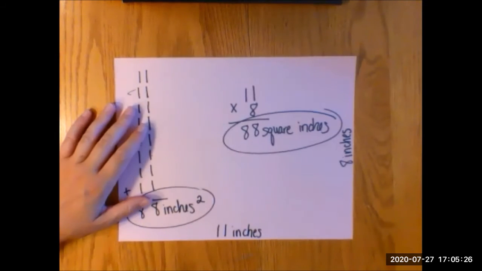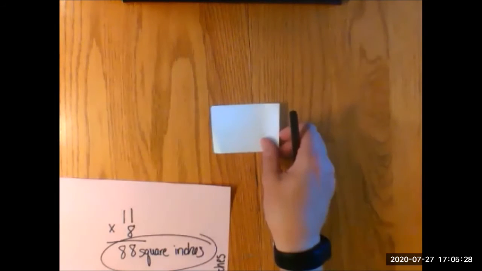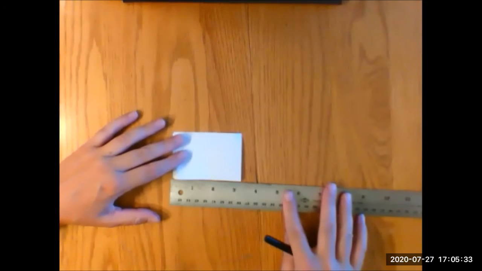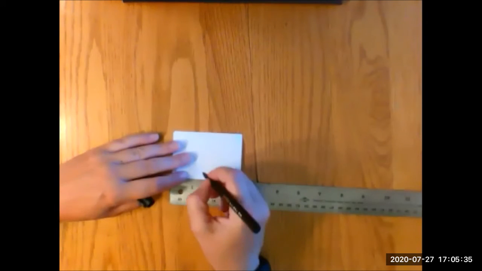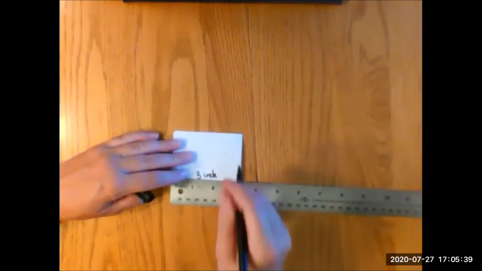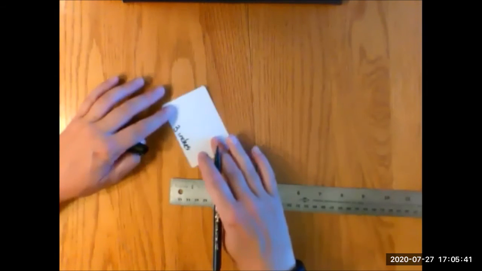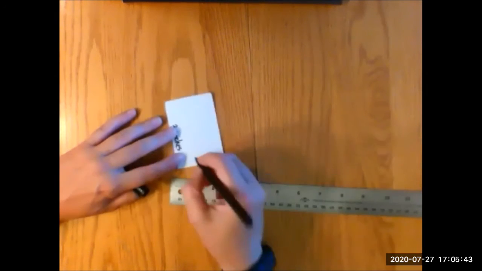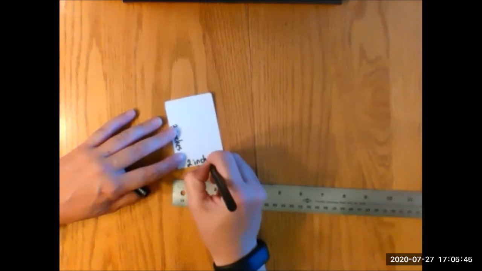You can use any kind of piece of paper. Here's a small piece of paper we can measure. Measure the bottom here. It's closest to 3 inches. And then we'll measure our other side, and it's close to 2 inches.